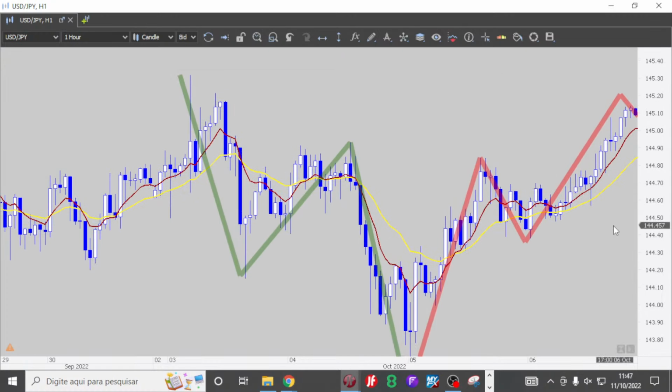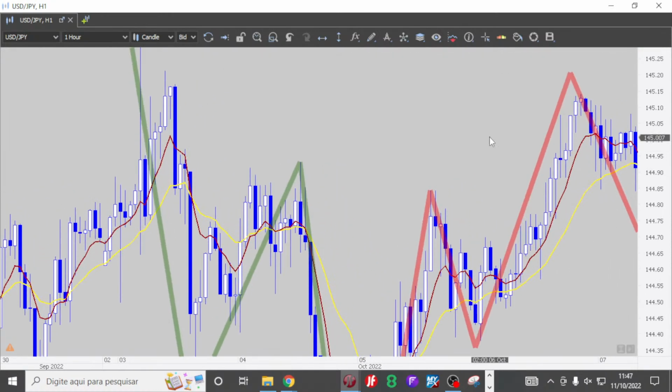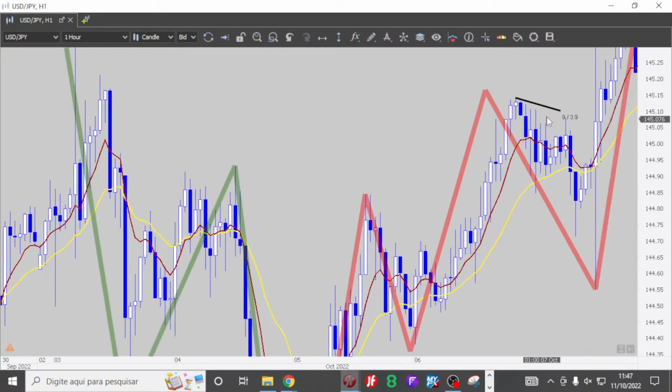So the first trader is going to enter with, he or she said, well, I want to enter with counter trend line break and candlestick formation. So he or she is going to spread the trend line in order to have a counter trend line break.